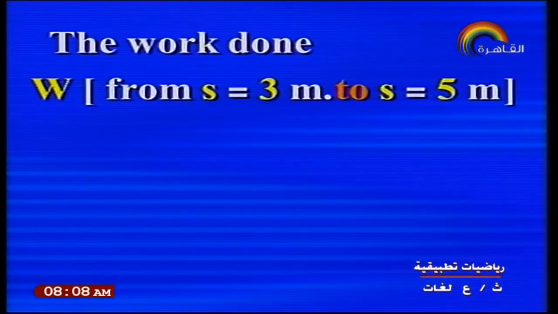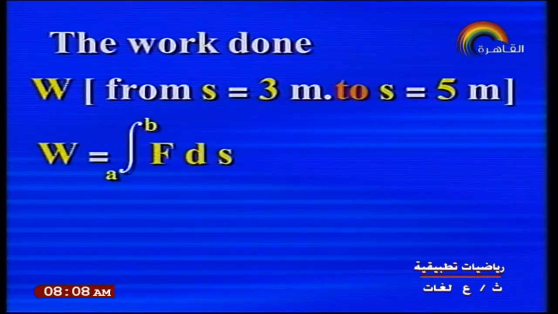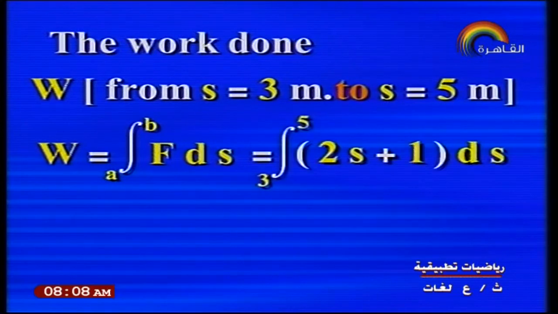Solution. Dear students, the work done W from s equals 3 meters to s equals 5 meters equals what? W equals the integration from A to B of F ds, using the integration from 3 to 5, where A equals 3 and B equals 5.